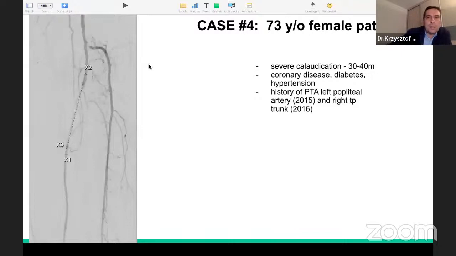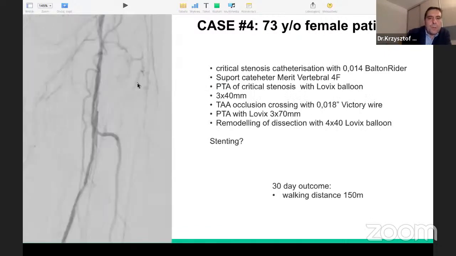This lady also had a history of PTA, angioplasty of the popliteal artery in 215 and the right tibioperoneal trunk in 216, and was admitted again with such an angio. And this is the final effect. We had a dissection here in the central part.